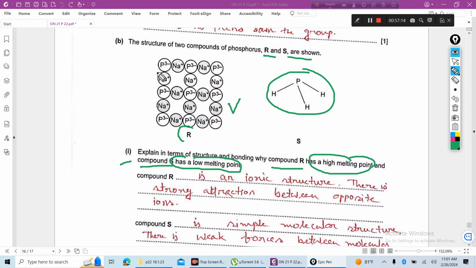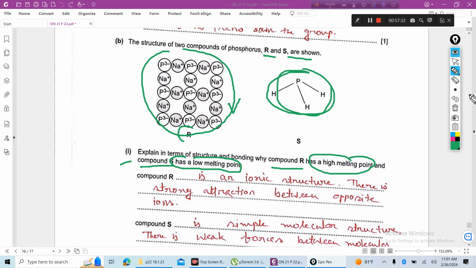You know, compound R is an ionic compound. There is a strong attraction between opposite ions. And S is a simple molecule. There is weak intermolecular force between molecules.